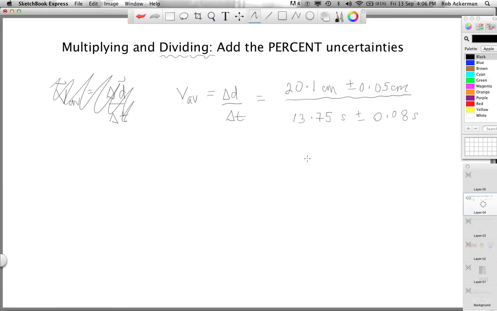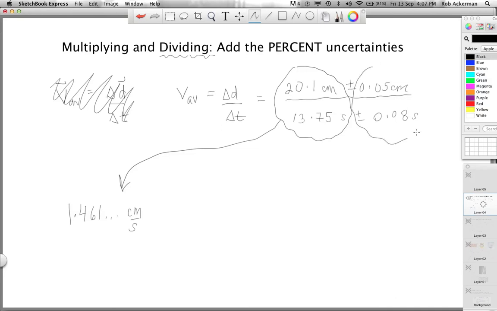Okay, now, the good news: dividing is still dividing. For this part, you still just divide the two numbers, so 20.1 divided by 13.75 gives, on my calculator, 1.461 blah blah blah. That'll be centimeters per second. That has not changed. How do you deal with the uncertainty?